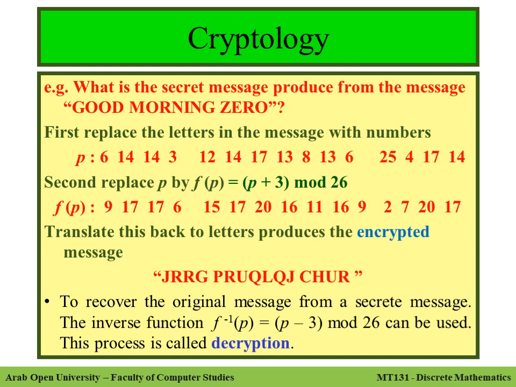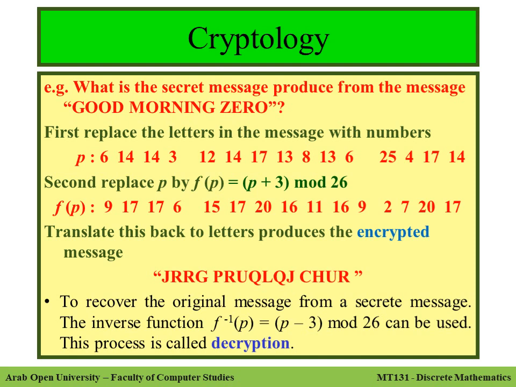This group of numbers represents the first word. The second group in the middle represents the second word, and this last group of numbers represents the third word in the original message. Now that you have done that, the next step is to apply the encryption function, f of p equal p plus 3 mod 26.